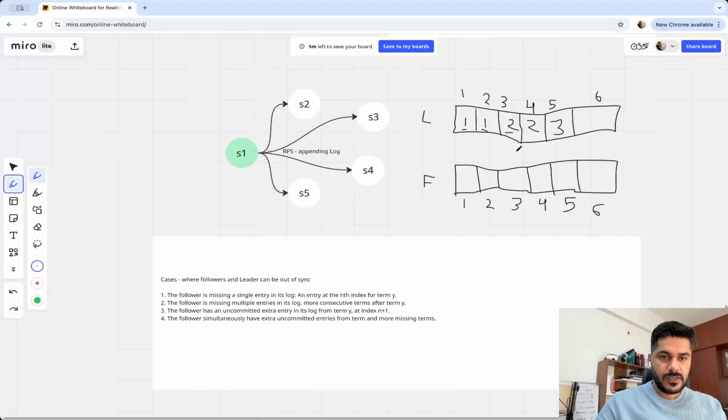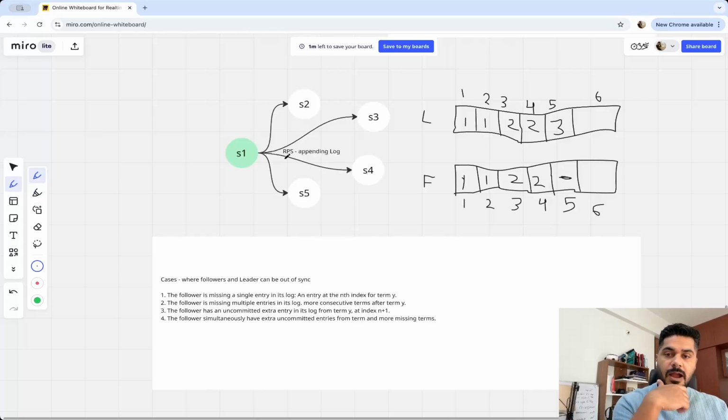So let's suppose I have these things in the leader, but your follower is missing one of its log entries at this particular index. It can be like it has one, one, one, two, two, two here as well, and nothing here. This is missing.